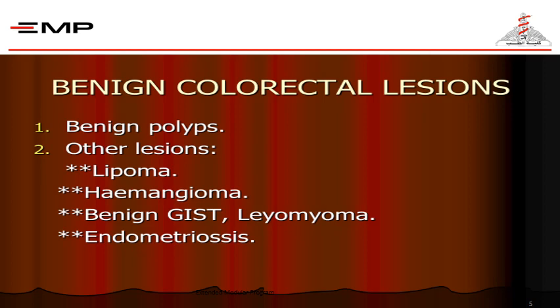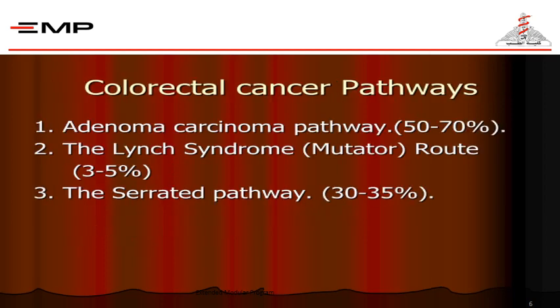In any part of the gastrointestinal tract lined by the columnar epithelium, all types of benign lesions can occur, whether true polyps or polypoid lesions. Studying colorectal cancer causes, the adenoma-carcinoma pathway is the commonest.